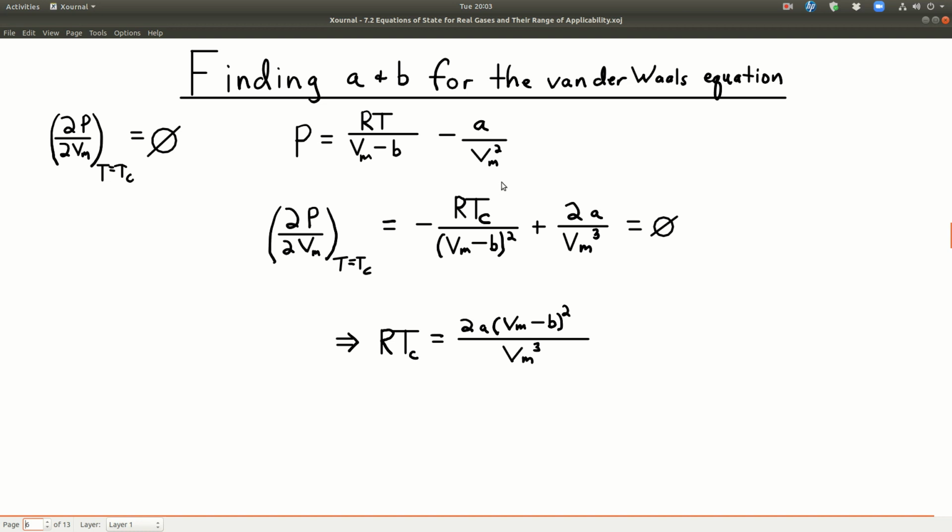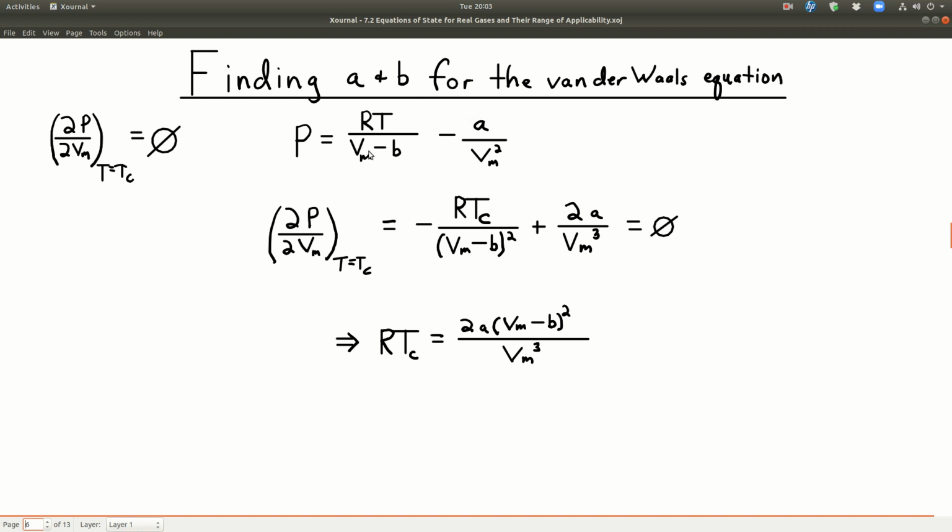It ends up that the molar volume at the critical point is not that easy to measure accurately, whereas the critical pressure and the critical temperature are. So our goal is to get A and B, the coefficients, in terms of constants and the critical pressure and critical temperature. So let's start with the van der Waals equation.